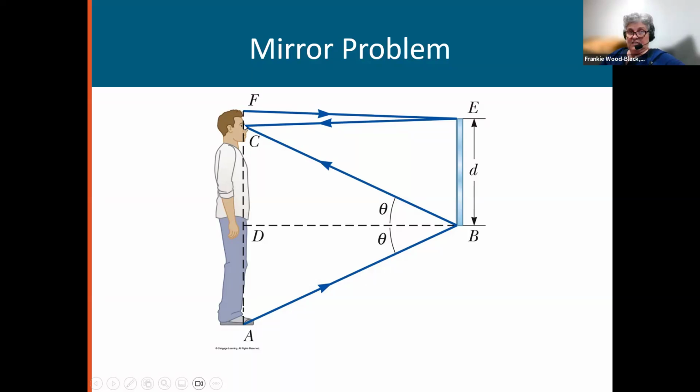I can draw the same picture for the top because the top of my head is not at eye level. So I get that part here, but I'm going to get that same distance as well. And as you see on the problem that's solved for you on Blackboard, you can do the geometry and you can actually show that it's 1/2 the height of the person.